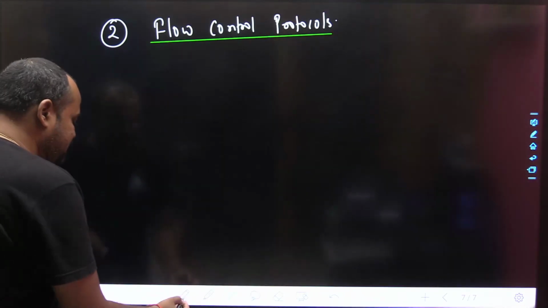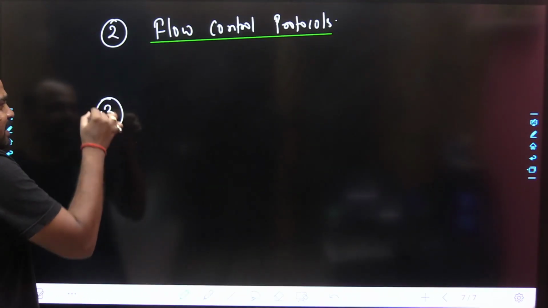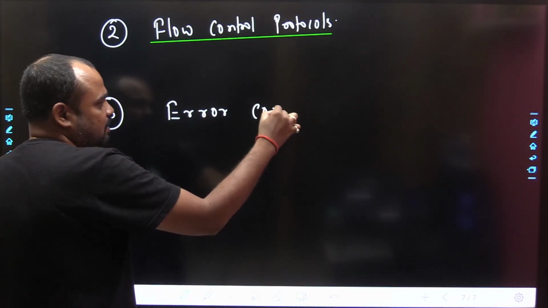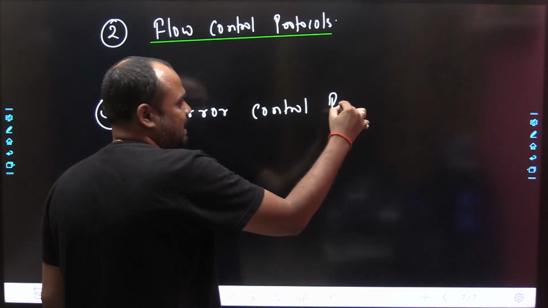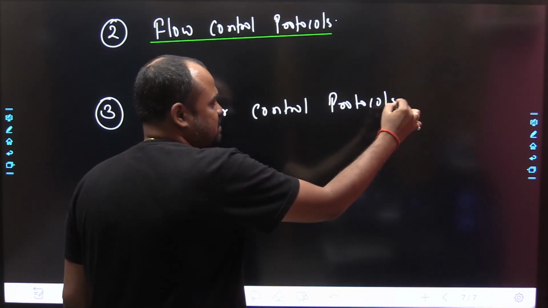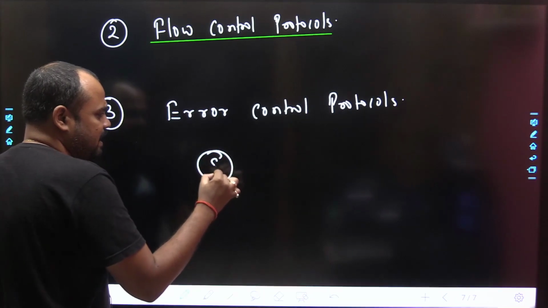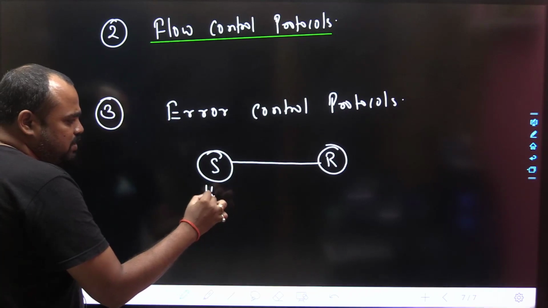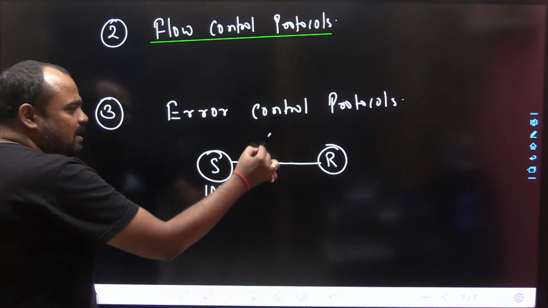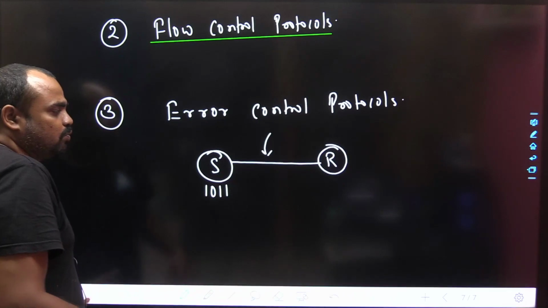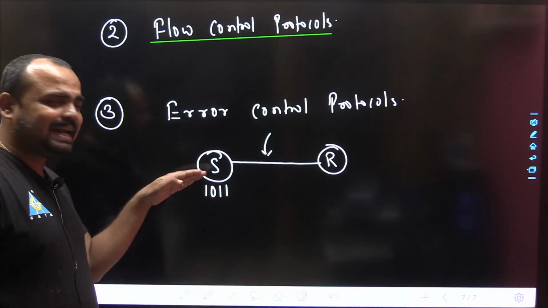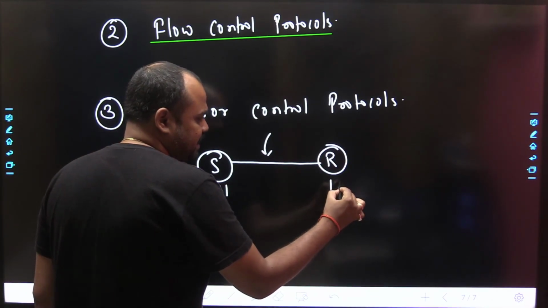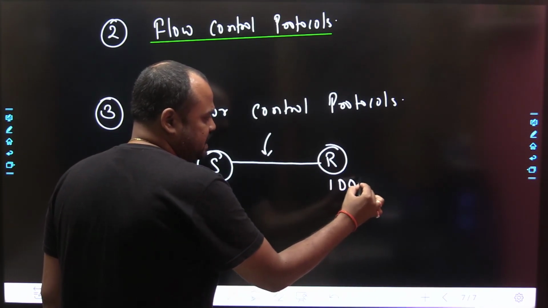Okay. So the next topic that we are going to cover here is the error control protocol. I hope at the beginning of the session I discussed this. Suppose this is the sender and somewhere this is the receiver. The sender is sending a data frame 1011 and the medium is an unreliable medium. So what can happen? Any bit can be modified. If this packet is transmitted to the receiver, definitely this kind of change can happen.